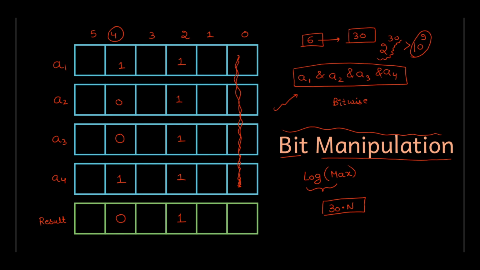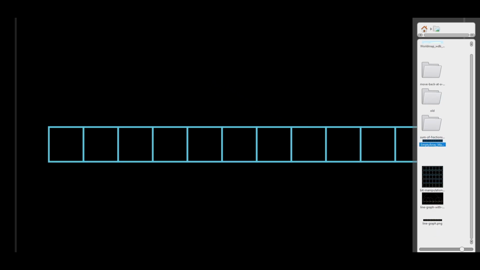Let's go to the next problem. In this problem, suppose you are given an array and you have to compute this expression: summation of AI bitwise AND with AJ.